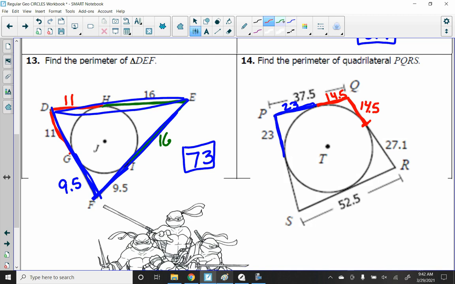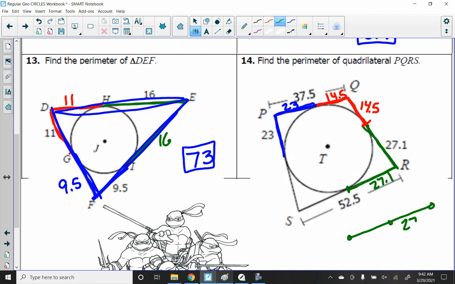Okay, so let's move on to the next corner, R. This part is 27.1. This part has to be 27.1. So now it's just a little plus little equals big. This is the first chapter of geometry, the segment addition postulate. This is basically what I'm doing.